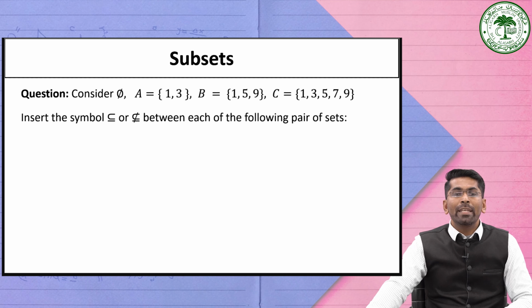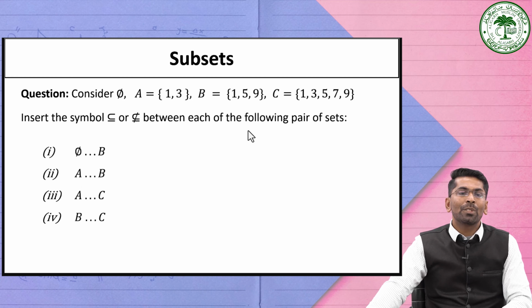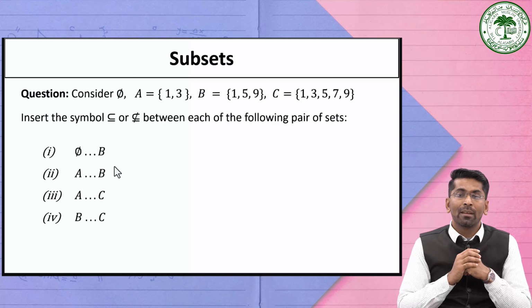You just want to insert the symbol subset or not subset between each of the following pairs. The first question: is phi a subset of B? Is A a subset of B or not? Is A a subset of C or not? And similarly, is B a subset of C or not?